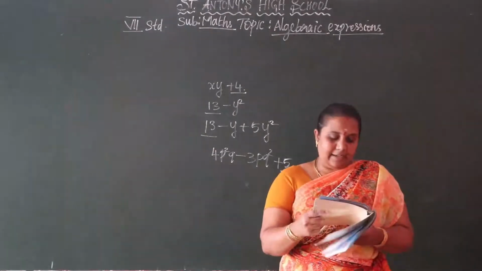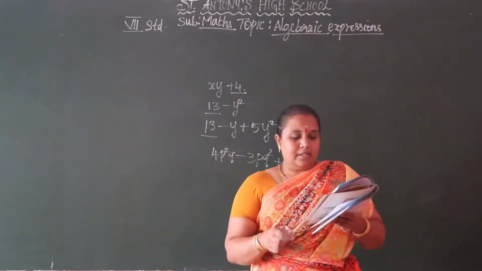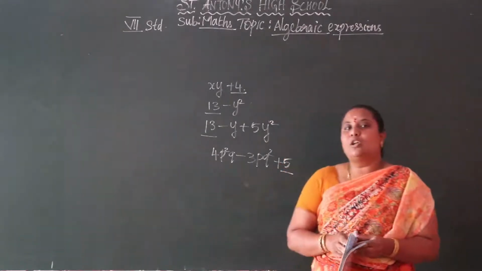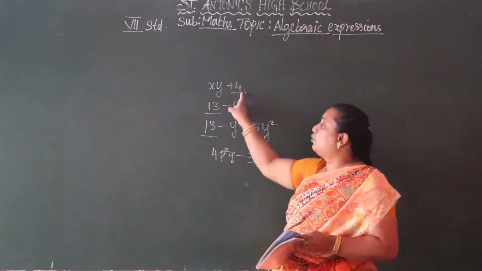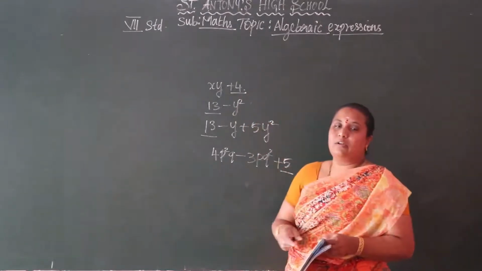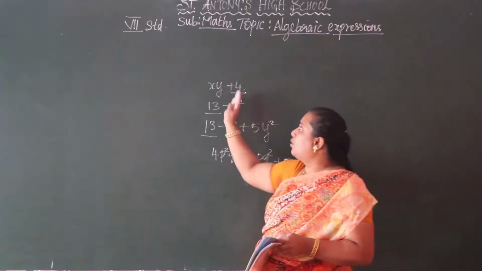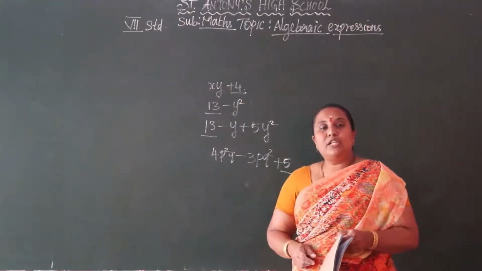Let us read the question again: identify in the following expressions terms which are not constants. In the first expression we have only two terms, and 4 is a constant. So we have to find the numerical coefficient of xy.